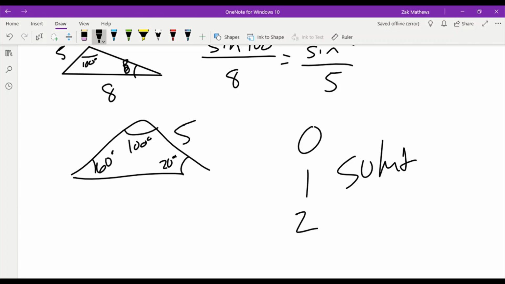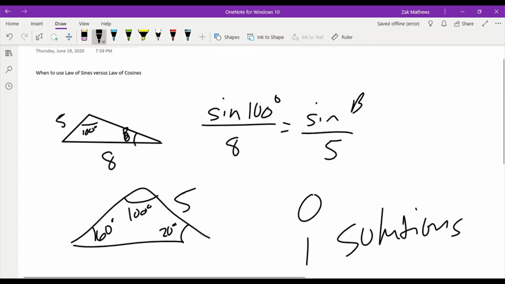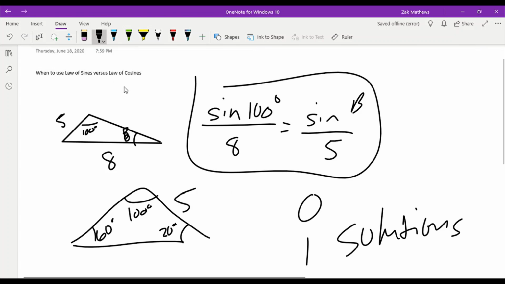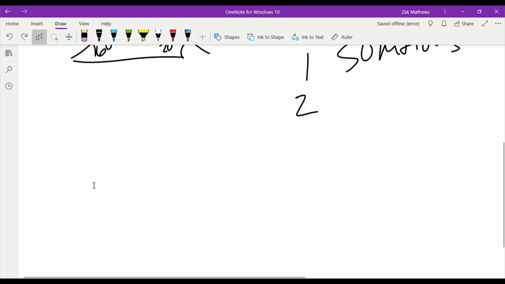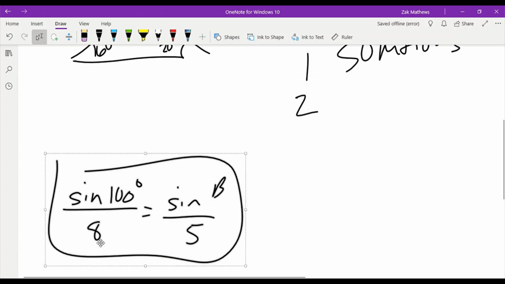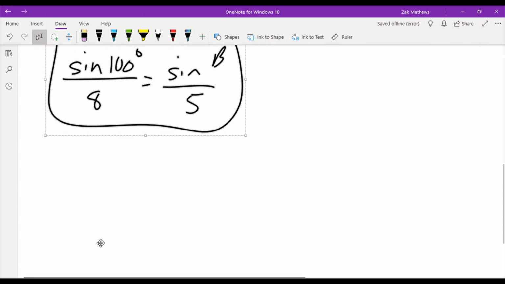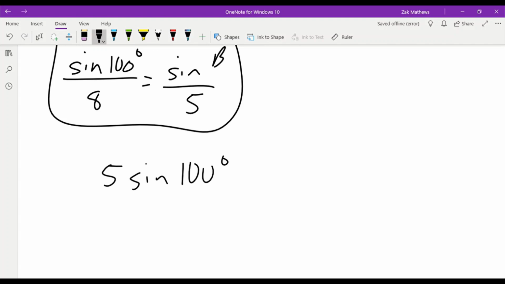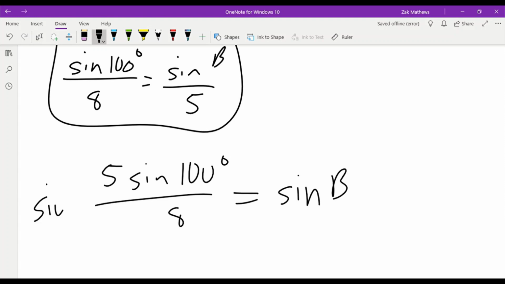That has to do with the fact that when we solve this equation for B, I would multiply the 5 over to the other side. The sine of 100 over 8 is still there, and then we have the sine B. Then we take the inverse sine of this thing right here, and that's how we would solve for B.